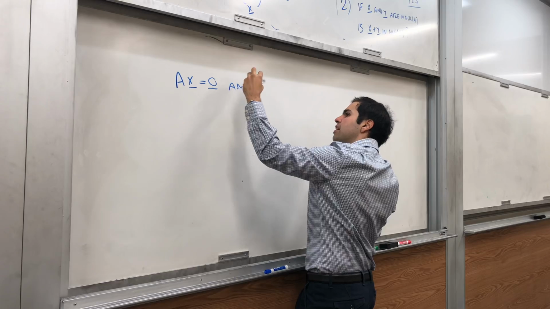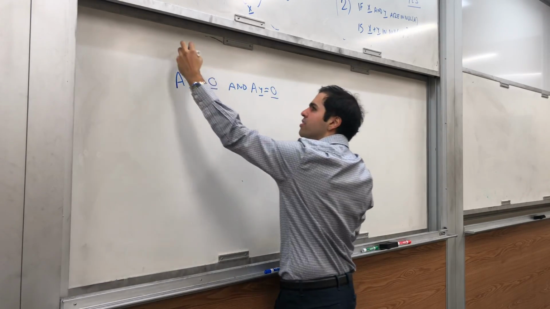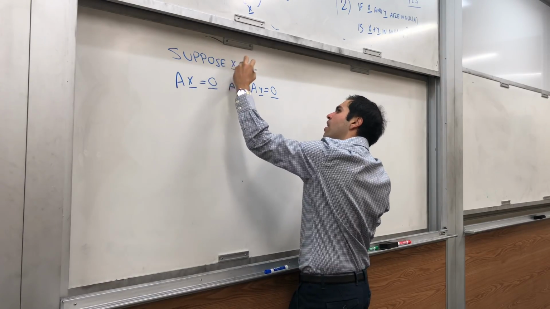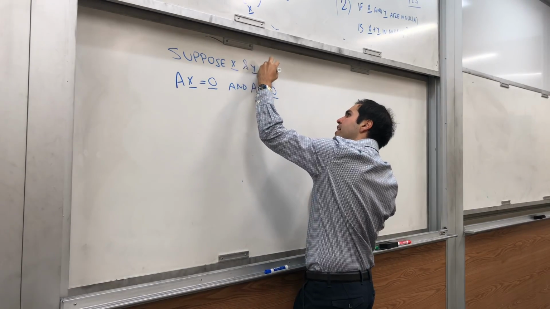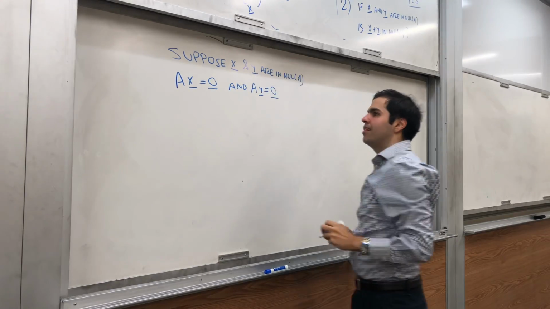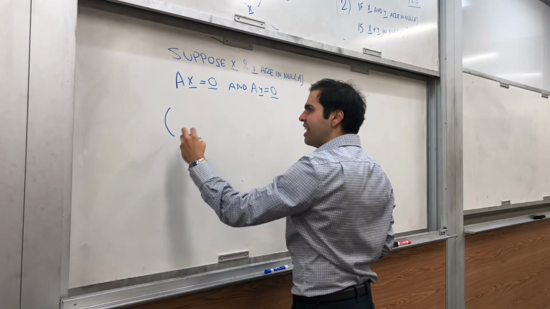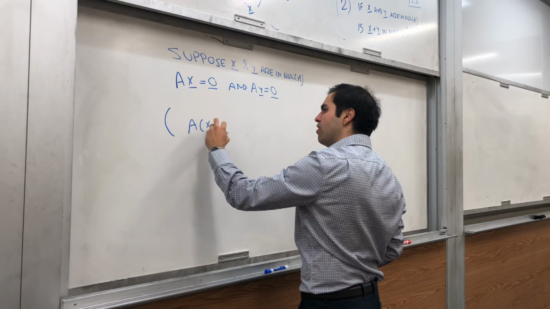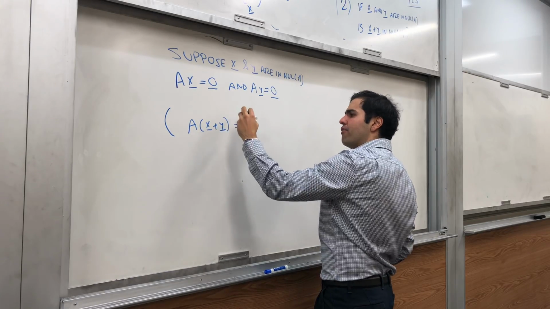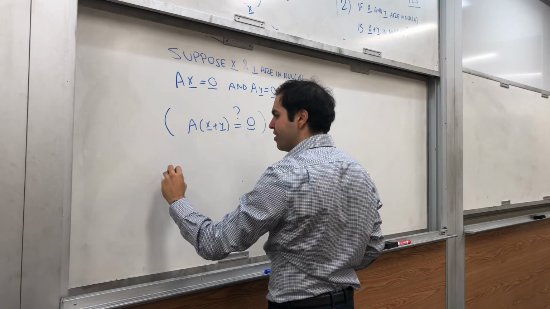So what we know is that Ax equals 0 and Ay equals 0. And I forgot to say, suppose x and y are in null of A. And what we would like to show is ideally that x plus y is in null of A. So we would like to show that A of x plus y is equal to the 0 vector.